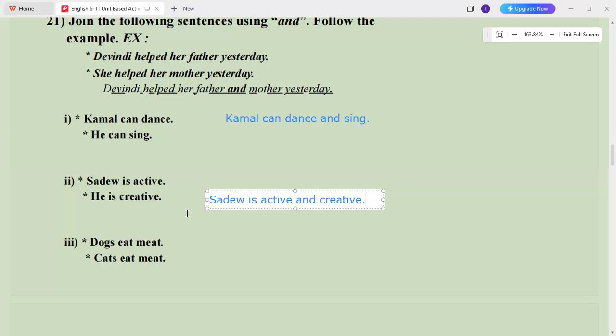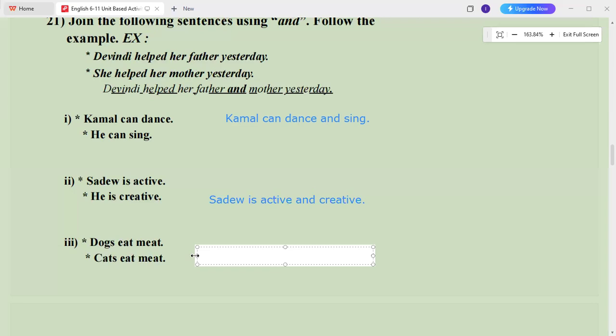And next one, Puthe, dogs eat meat, cats eat meat, right? So these two sentences, Puthe, we can combine by the use of the word and, right? So we can say dogs and cats eat meat, right?